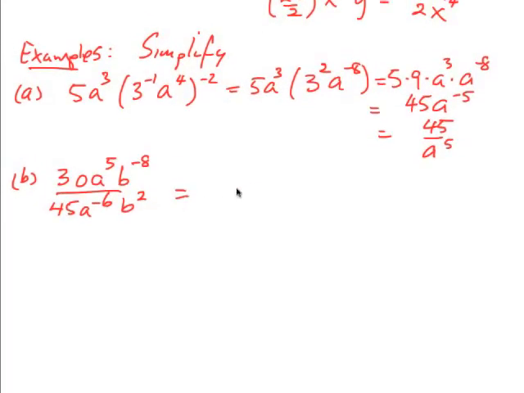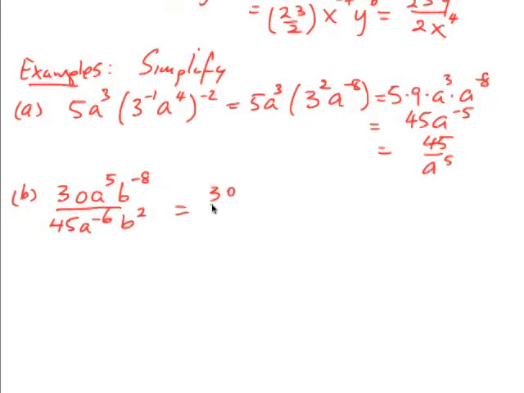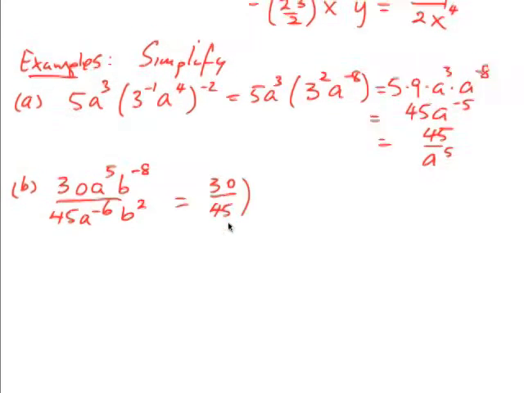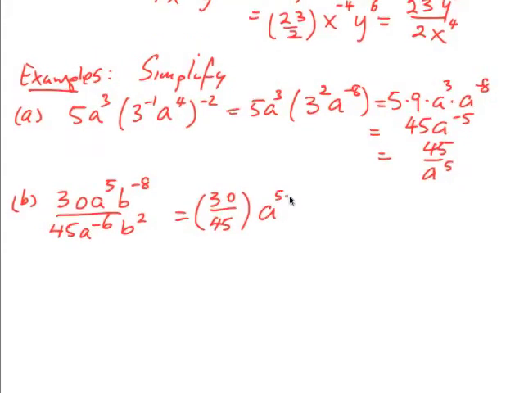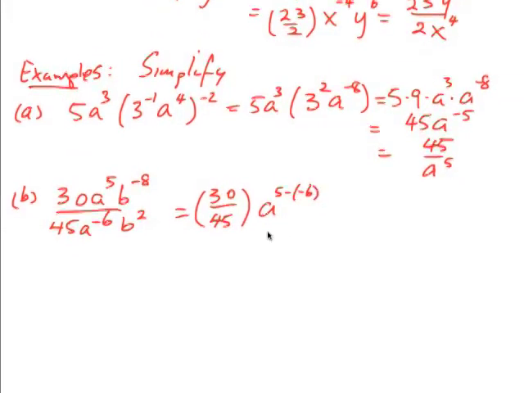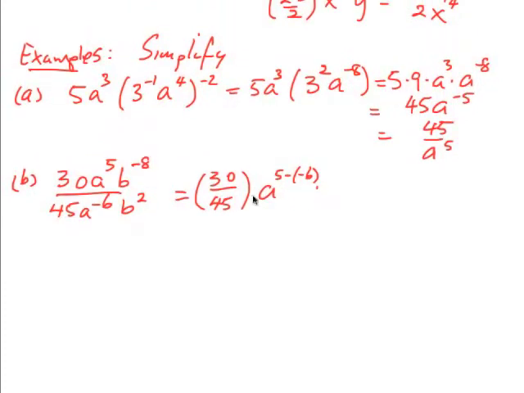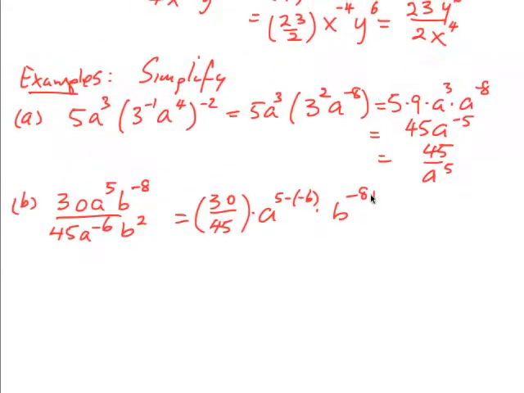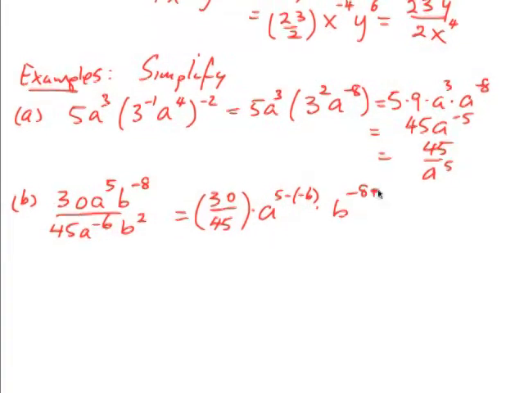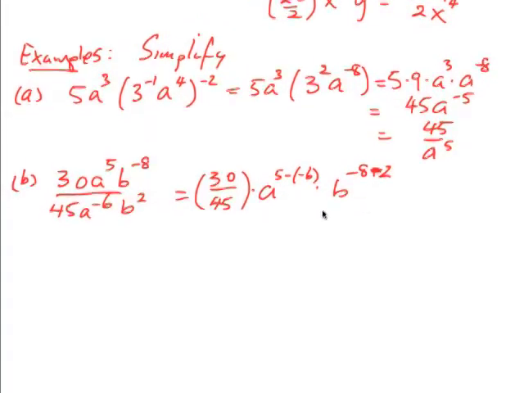Okay, so in this case here we're going to do the numbers again by themselves, and we're going to have a to the 5 subtract negative 6, and we're going to have b to the negative 8 subtract 2.